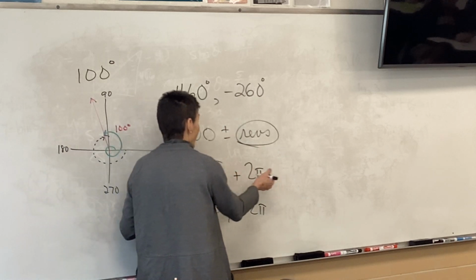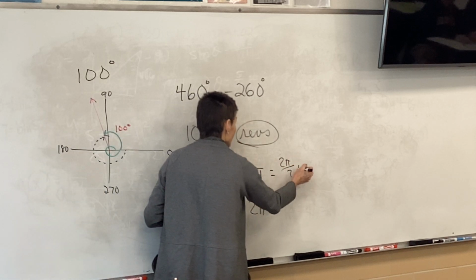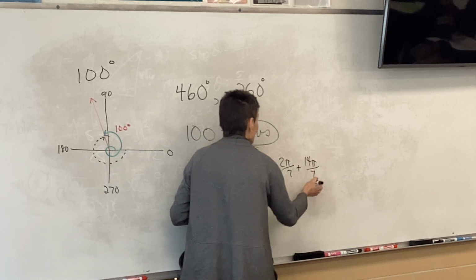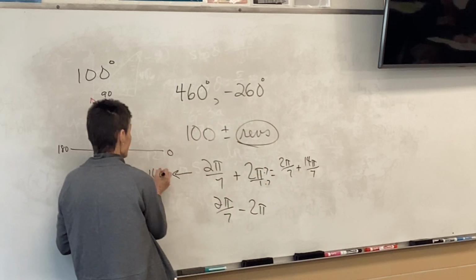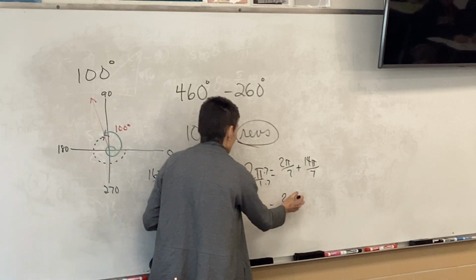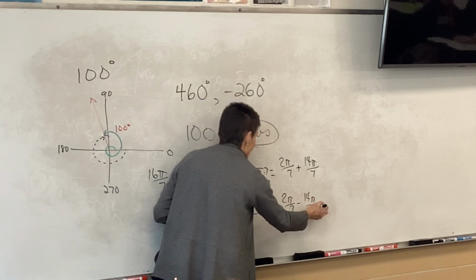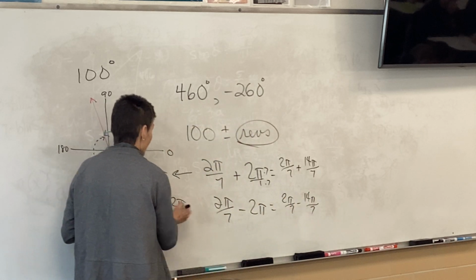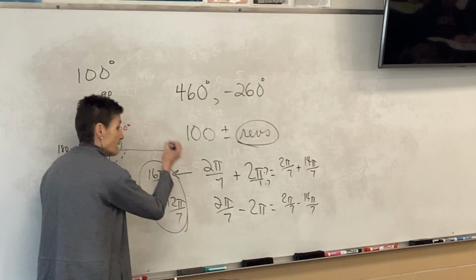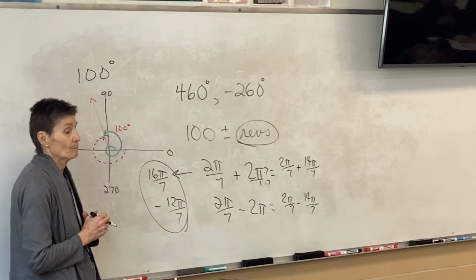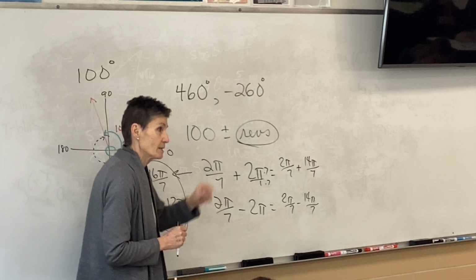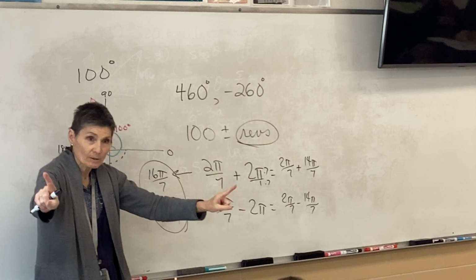So I'll get a common denominator here, so 2 pi over 7 plus 14 pi over 7. So that one would be 16 pi over 7. And then this one will be 2 pi over 7 minus 14 pi over 7. So negative 12 pi over 7. So your directions were to find one positive and one negative. There they are. One more time. How do you get coterminal angles? Add a revolution, subtract a revolution.